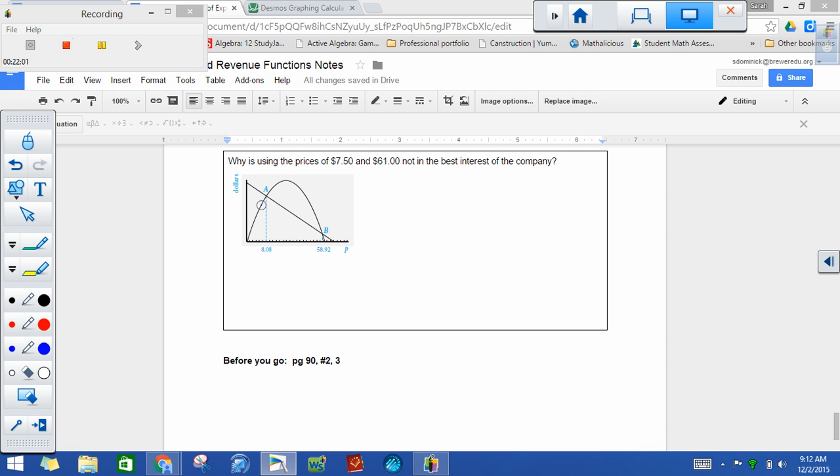If you're bringing in less money than you're spending, you're operating at a loss. At $61, it's the same thing. So on both of these, your revenue is less than your expenses. You would be operating at a loss. That's why it's not in the best interest of the company, right? You want to be in the profit section.